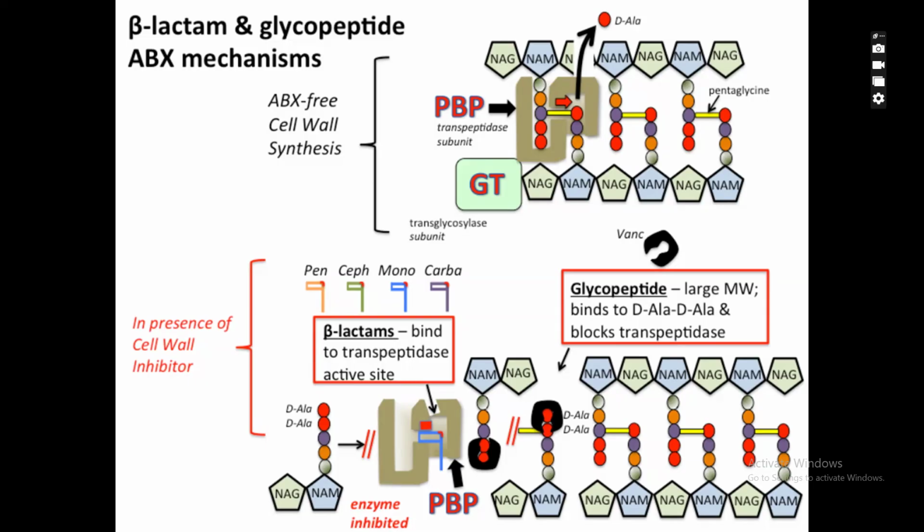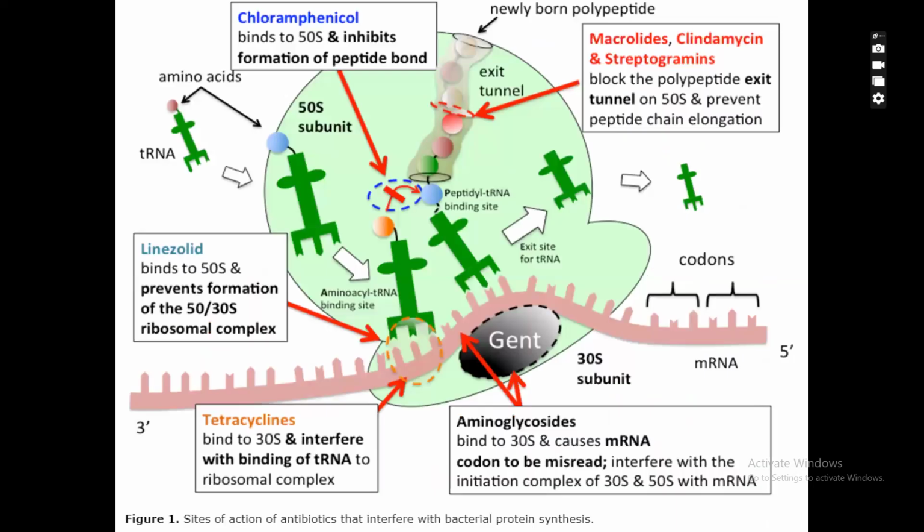And the beta-lactams bind to the transpeptidase active site, and inhibit the formation of the peptide cross-linking, making the cell wall weak, and ultimately leading to the cidal action or the death of the bacteria. So these are the bactericidal antibiotics. We have already read the mechanism of action of different antibiotics in different parts of the protein synthesis machinery.